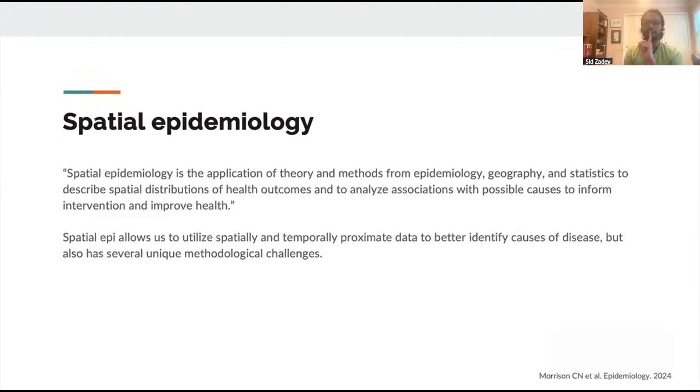The idea is to look at spatiotemporal data to better identify causes of disease, but also to understand the effects of either individual or population level interventions. Especially the second part, intervention effects varying in space and time, is where we have unique challenges compared to not just epidemiology but also a lot of other spaces in public health and medicine.